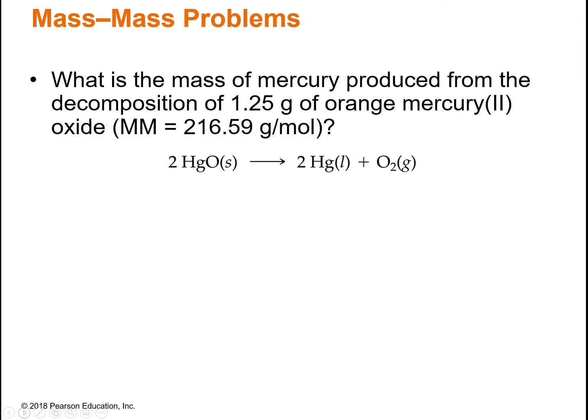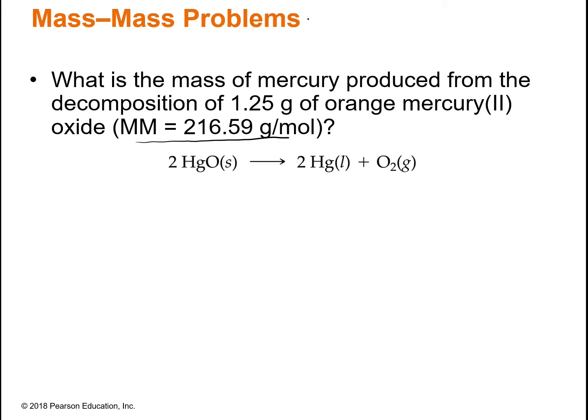What is the mass of mercury produced from the decomposition of 1.25 grams of orange mercury 2 oxide? And in this question, we actually have the molar mass of mercury 2 oxide, so you don't have to figure that one out. The first thing you have to do is identify the problem.